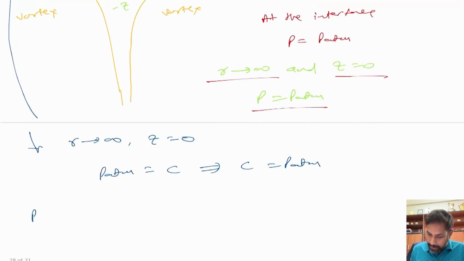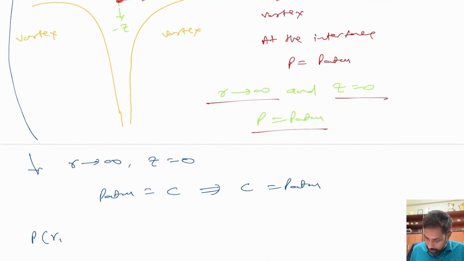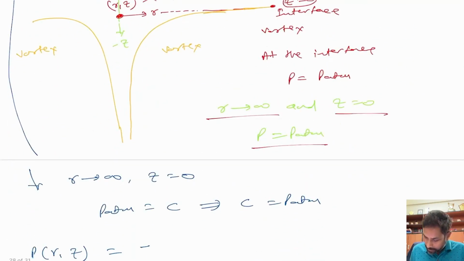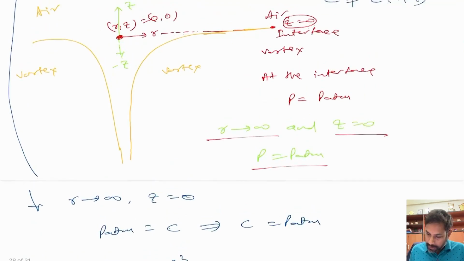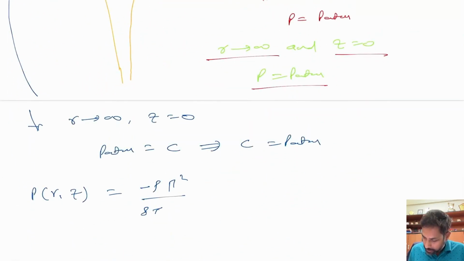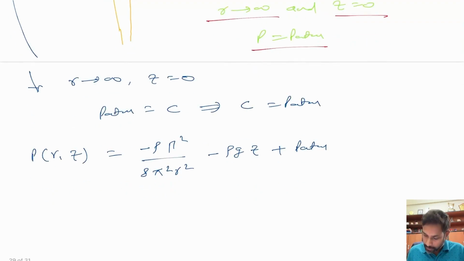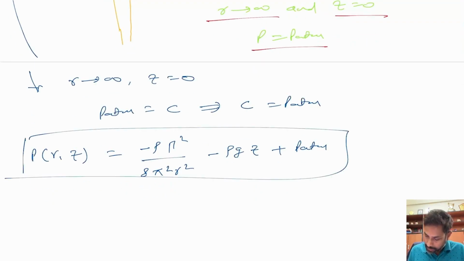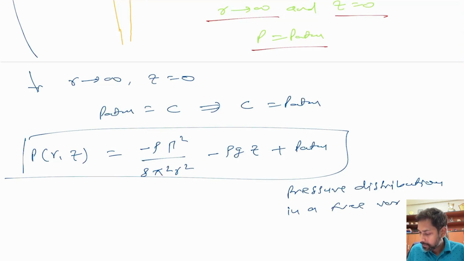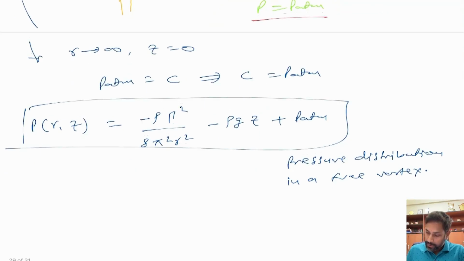And that is why we can rewrite that equation P of r comma z as minus rho gamma square over 8 pi square r square minus rho gz plus P atmospheric. Okay, so this is the pressure distribution in a free vortex.